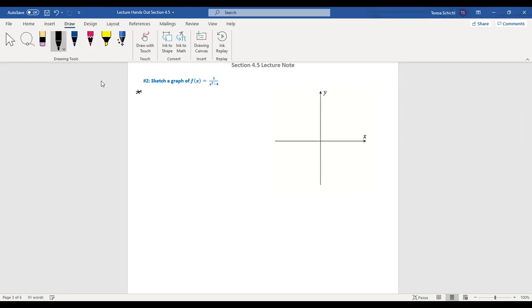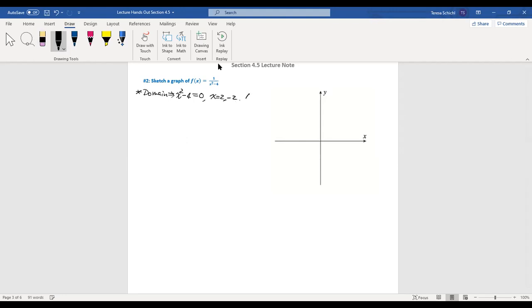The first one is the domain. So where is the domain here? This is a fraction, right? So everything is allowed except where the denominator equals 0. The denominator equal to 0 is x squared minus 4 equal to 0. That means x equal to 2 and x equal to negative 2.